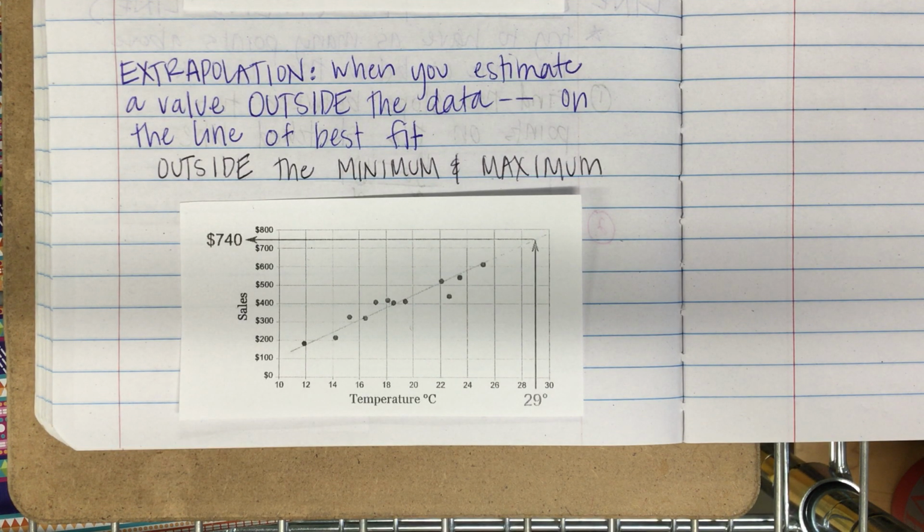And here's the deal. Both of these are guesses, correct? They're both estimates. They're not exact. When you extrapolate data, you have to be careful that your line of best fit is correct.